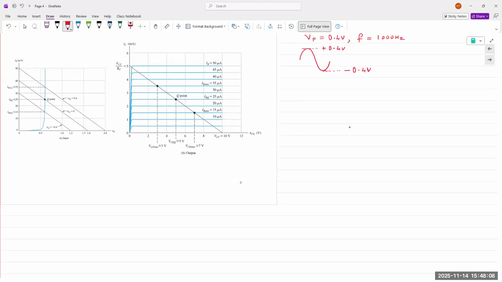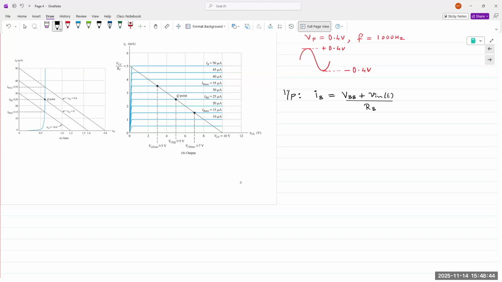Okay. On the input side, if you want to plot our load lines, we need to obtain the equation from the previous slide. And we're going to write down for the input, I/P is just my acronym for input. So input, I have what? IB is equal to VBB plus V in of T over RB. So at the Q point, V in of T is going to be 0, right?